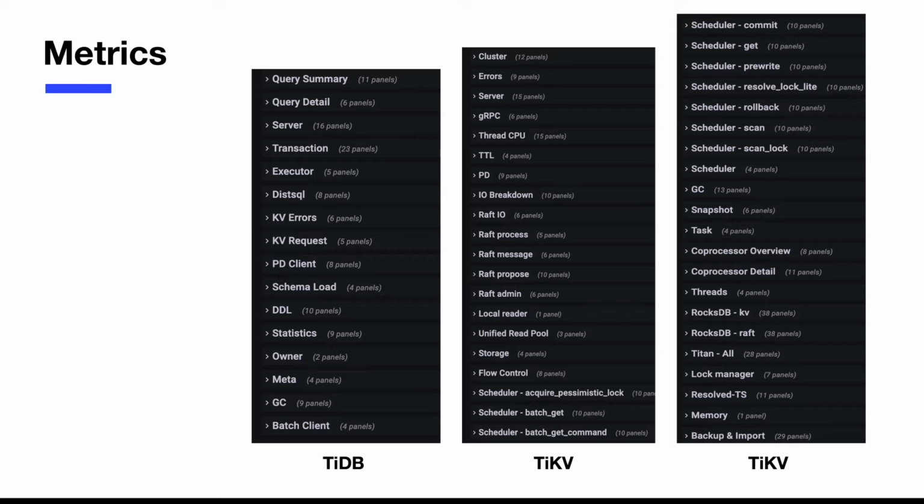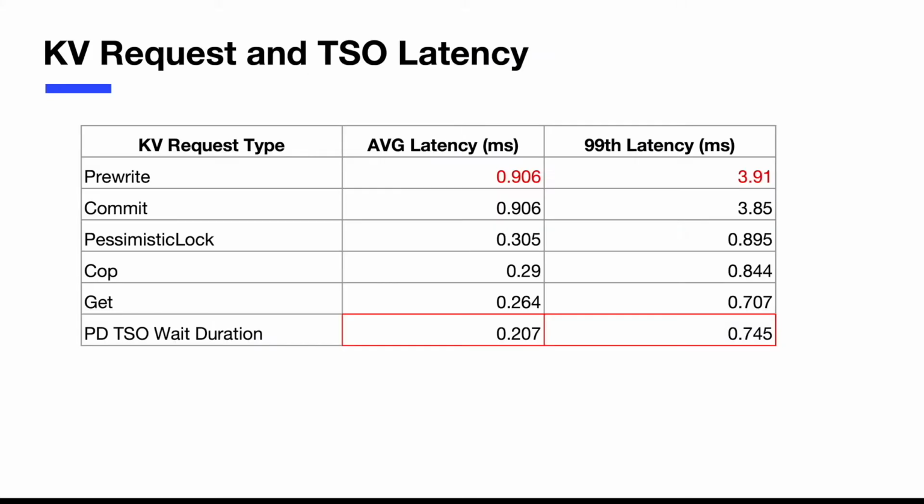We can see that PD, TiDB, and TiKV have a massive amount of monitoring data. So how can we get the key information from such a massive amount of data? Before the Performance Overview was created, when looking into certain performance issues, I would always gather the TiDB critical paths, such as those listed under KV request type here, together with their corresponding average latency.